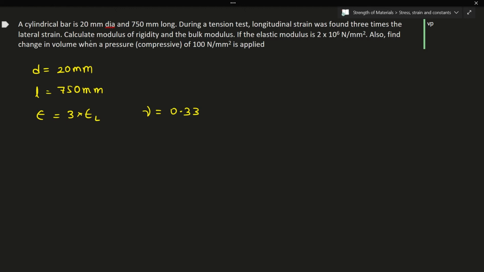Calculate the rigidity modulus, that is G, and we'll have to calculate the bulk modulus, that is K, if the elastic modulus is given as 2 into 10 to the power of 5. I'm sorry, this should be 2 into 10 to the power of 5, not 6. 2 into 10 to the power of 5 Newton per mm square.